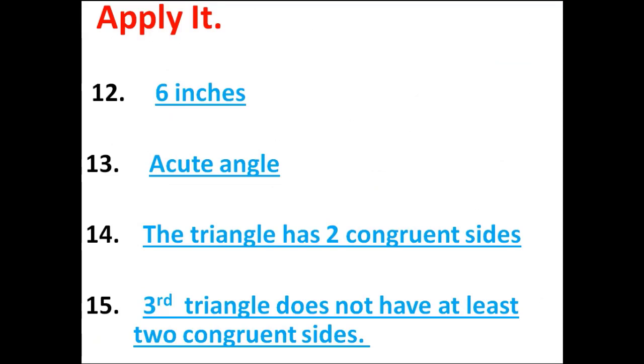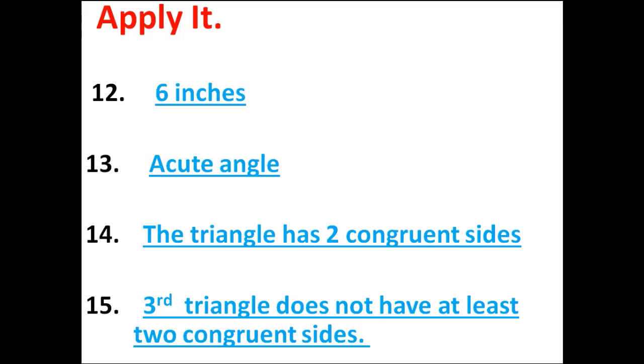Now page number 912. Question number 2, apply it. Question number 12. In music, the triangle is an instrument with three congruent sides. It means three sides are equal. If you know that the perimeter of the triangle is 18 inches, what is the measure of one side?